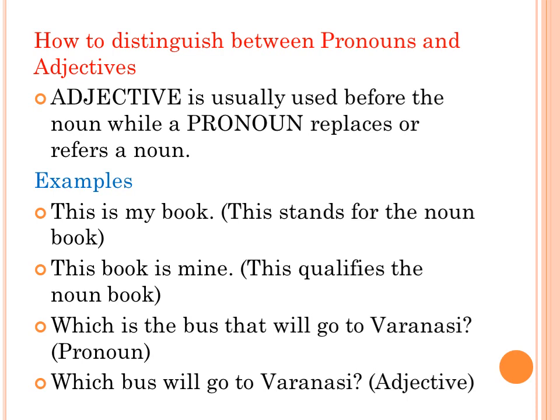Therefore, it is a pronoun. This book is mine. This has been used before the noun book and it qualifies the noun book. Therefore, in this sentence, the word this is an adjective.